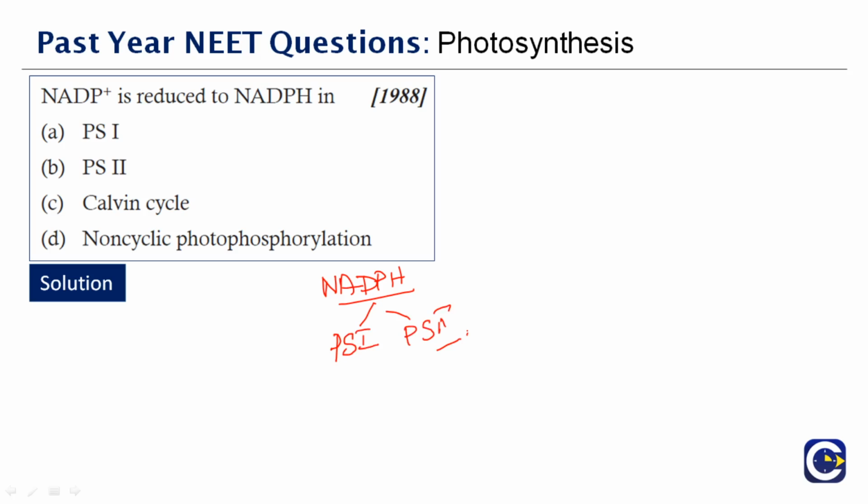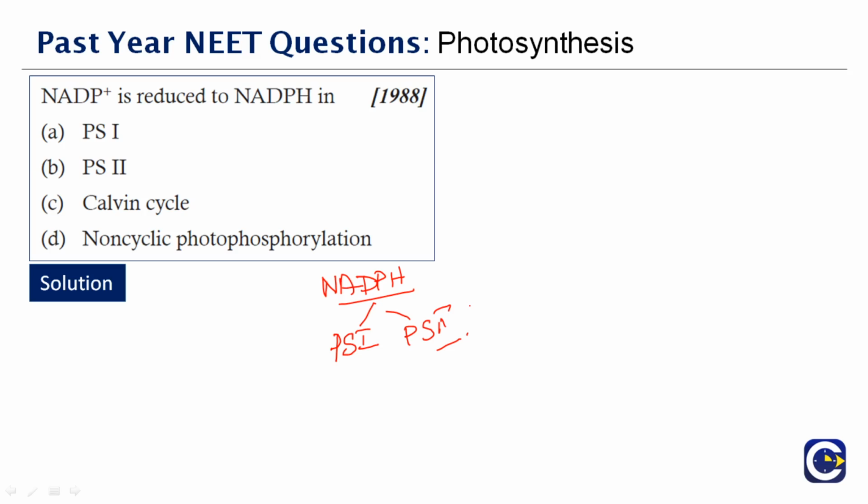One thing to be noted here is that these two processes do not happen separately. That is why it is associated with non-cyclic photophosphorylation. What are the things you have to know about it? Let's take cyclic first, then you will understand.